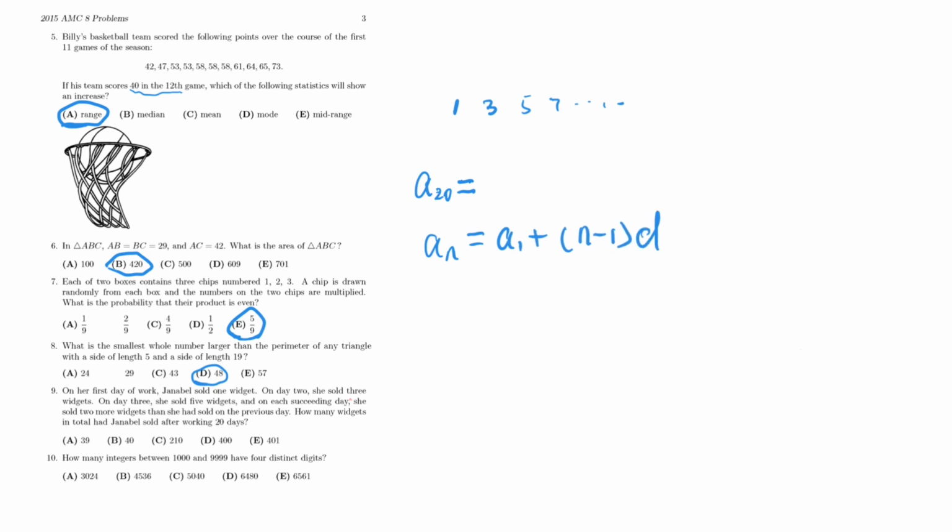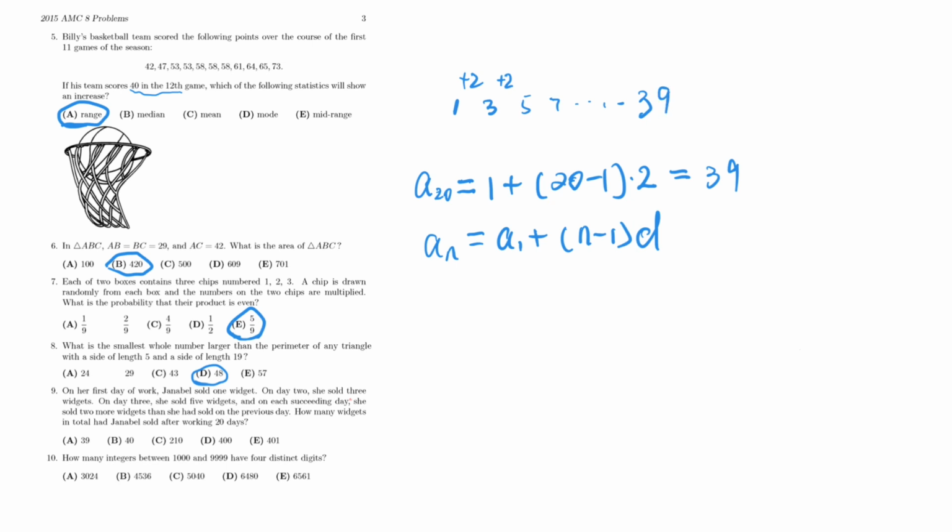For this problem, the first term is 1 plus (20 minus 1) times the common difference 2, since any 2 adjacent numbers differ by 2. That equals 39. So the 20th term is 39.